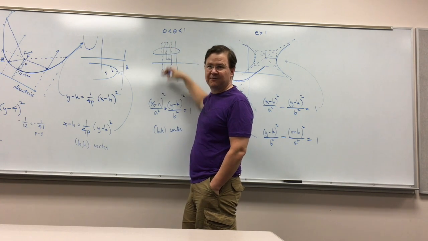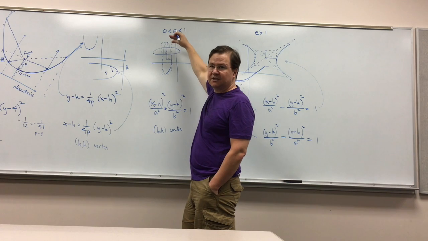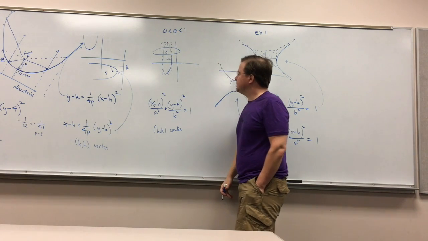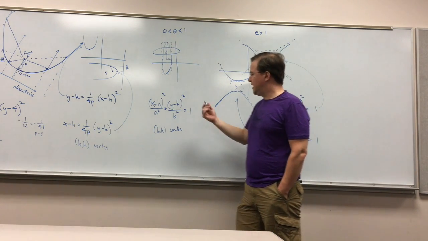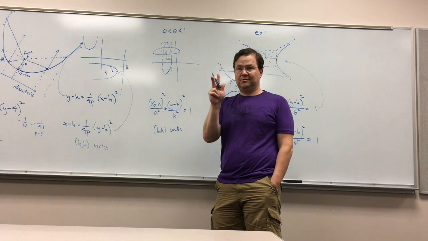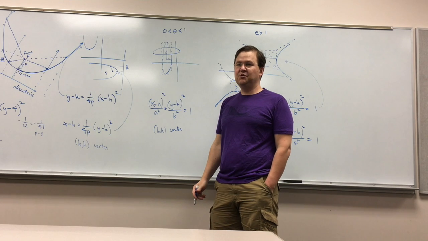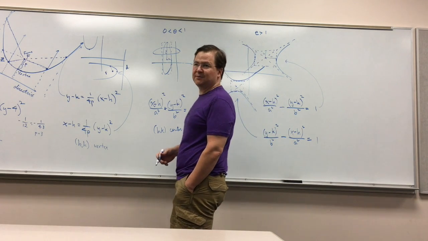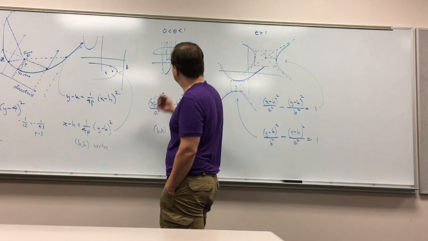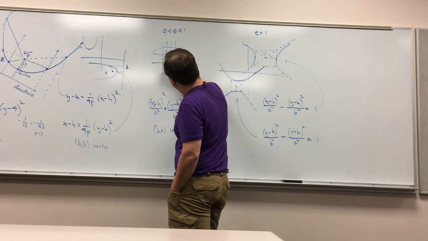Semi because it's just half of the length of this rectangle. But we also have, every ellipse has 2 foci. Foci is the plural of focus. They generally are about right here.